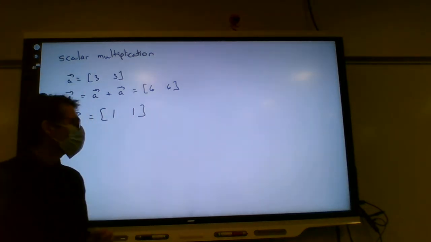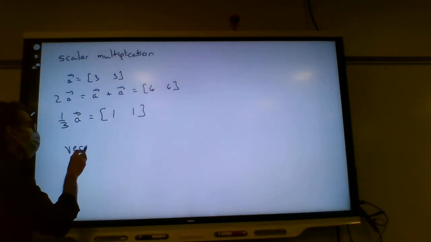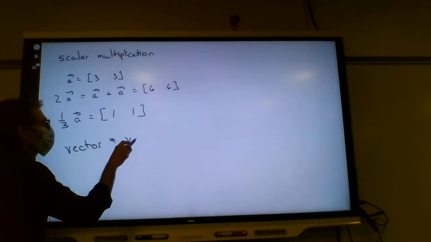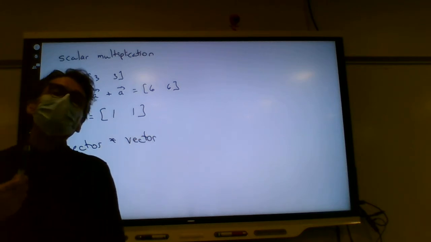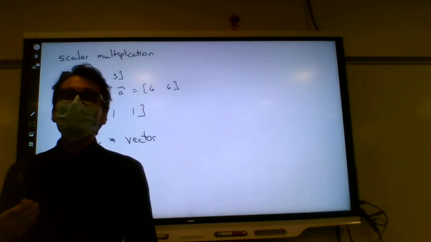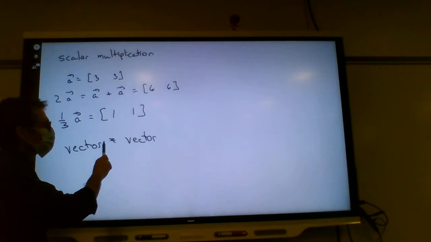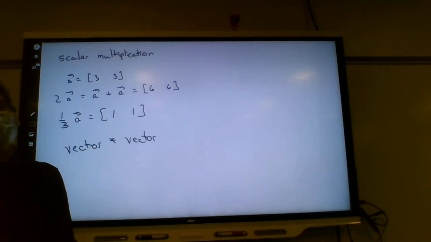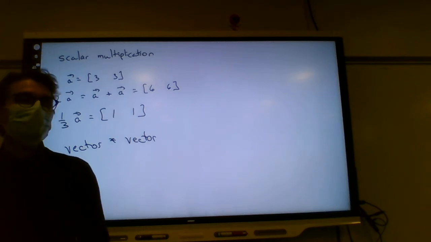Right, the magnitude. We don't have a vector times a vector scenario. We do have certain kinds of products that we can do. There's something called a dot product, that we'll see later, where you take 2 vectors and do a kind of multiplication, but you get a number, a scalar, at the end of that.